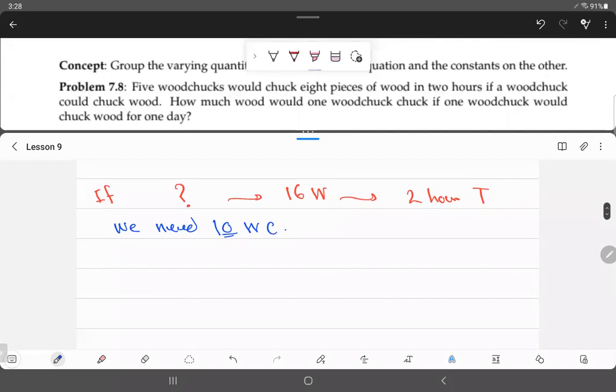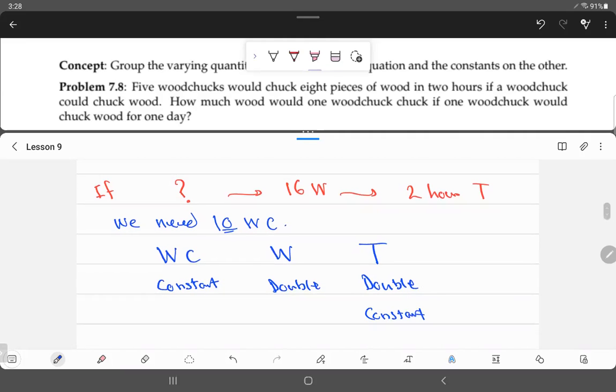So let's summarize what's happening. We have woodchucks, we have wood, and we have the time. If the time is constant, and we double one of them, the other one must be doubled.